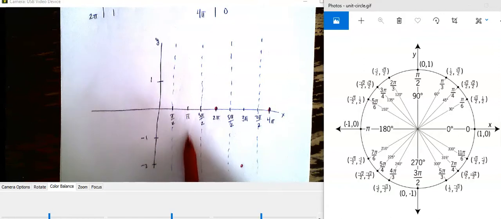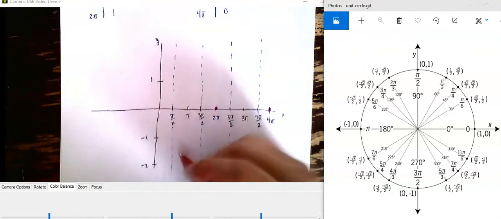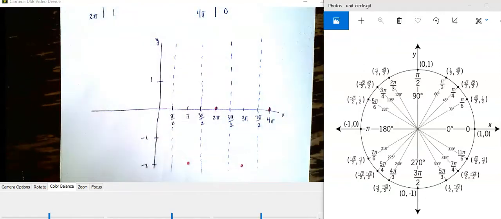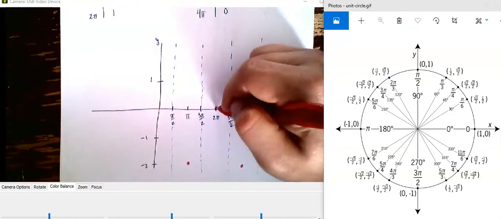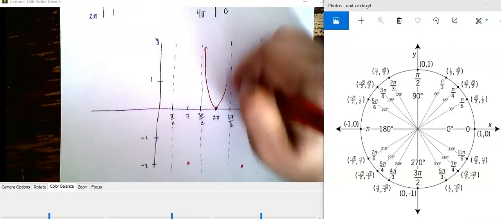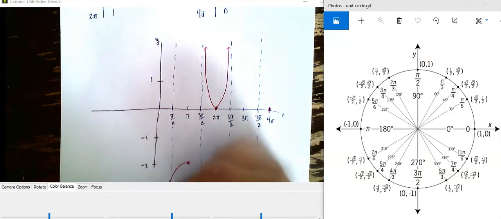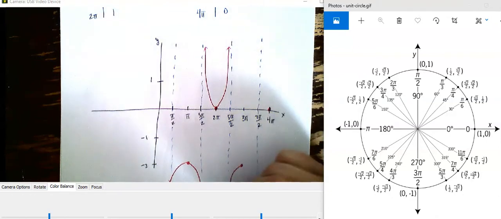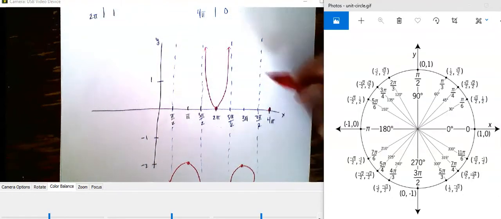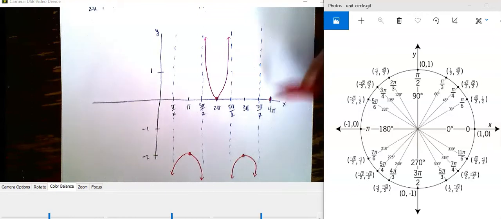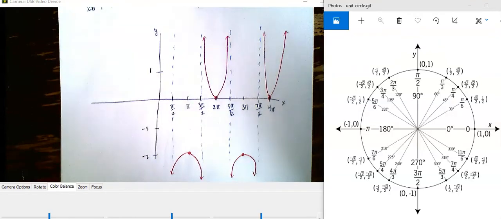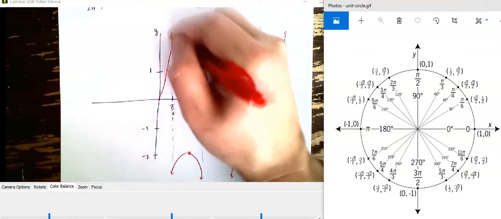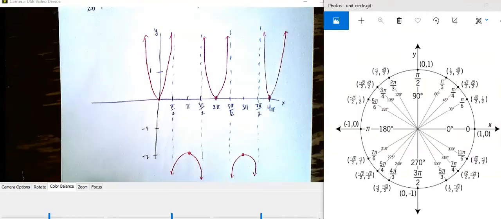At pi we would be at -2. Recall that these are like up and down turning parabolas, so we know that this function is going to look something like this. We would have another one over here, something like that.